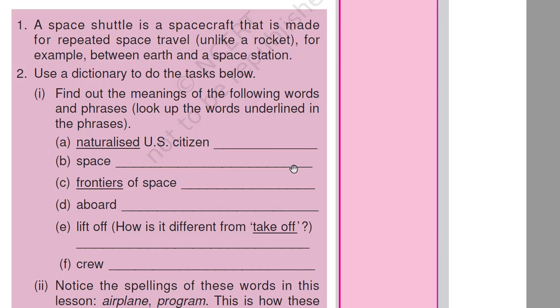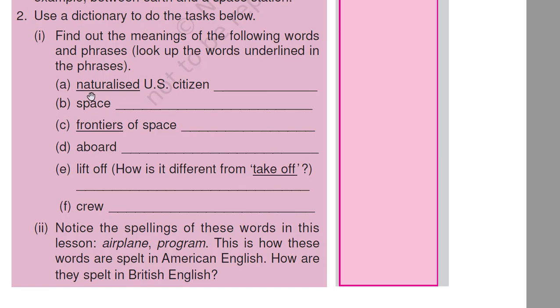Use a dictionary to do the task below. We need to use a dictionary to find out the meaning of the following words and phrases. See here, some words are given: naturalized US citizen, space, frontiers of space, aboard, liftoff or takeoff, and crew.